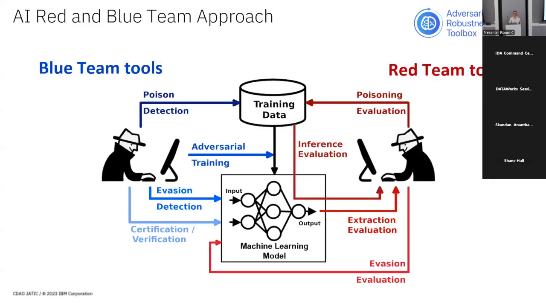So I'll take you through some examples. This red and blue teaming approach that I mentioned earlier, which is the framework that ART and HART both support, is an exercise in which the model's support team or owning team splits into two.